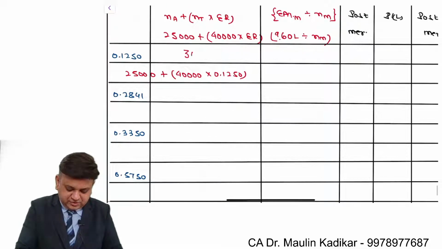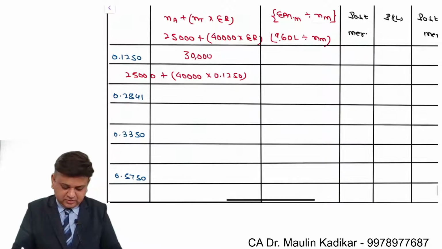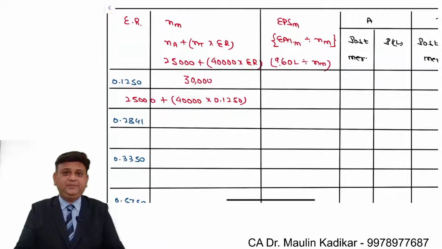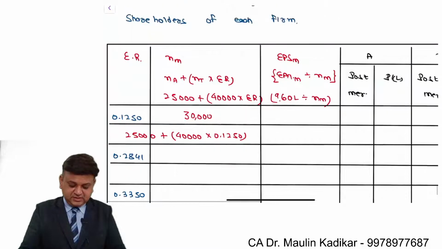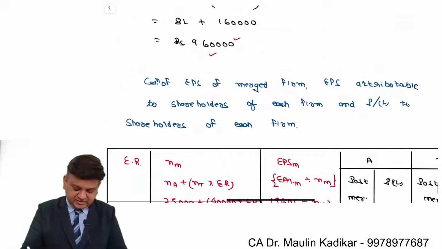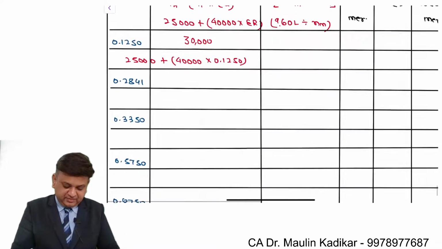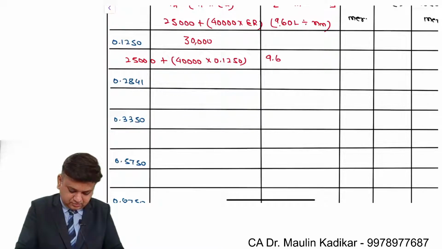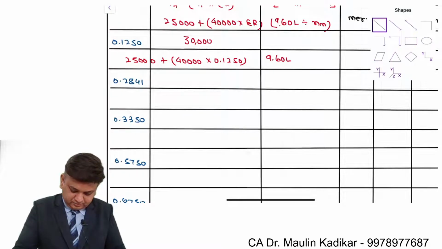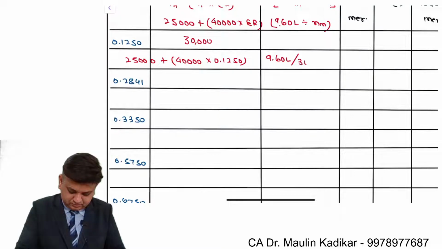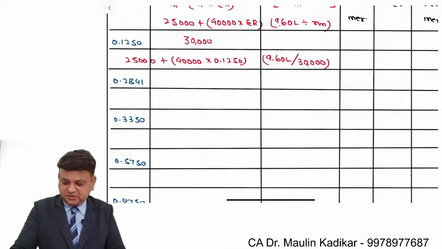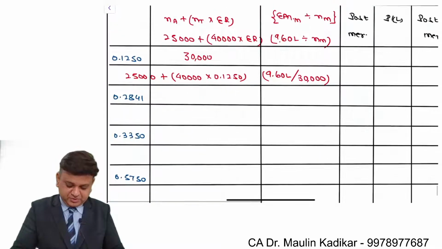So the number of shares of the merged firm would be 30,000. EPS of the merged firm, that is earning after taxes of the merged firm, 9,60,000 divided by 30,000. That comes to 32 rupees per share.